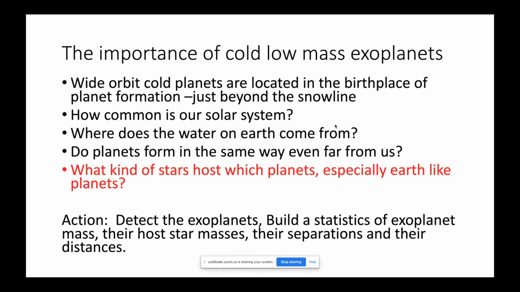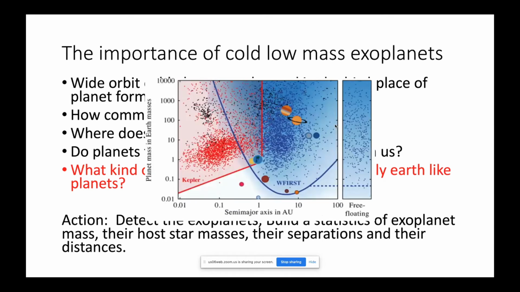So for all these reasons, we would really like to get an exoplanet census. And for that, the action items would be to detect the exoplanets and build statistics of the exoplanets and their masses, their host star masses, their separations, and their distances. So here is a diagram that was made when Roman was still called WFIRST.